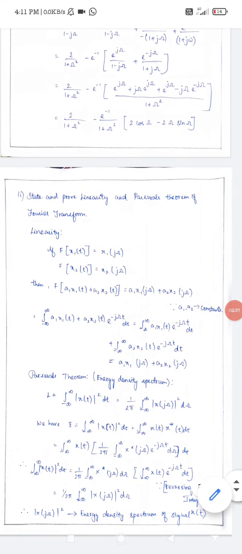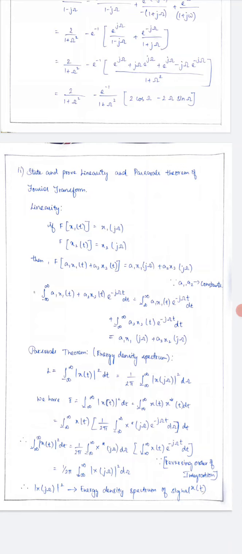If we consider the Fourier transform of x1(t) equal to X1(jω) and that of x2(t) equal to X2(jω), then by the linearity theorem we can write a1x1(t) plus a2x2(t), where a1 and a2 are constants.